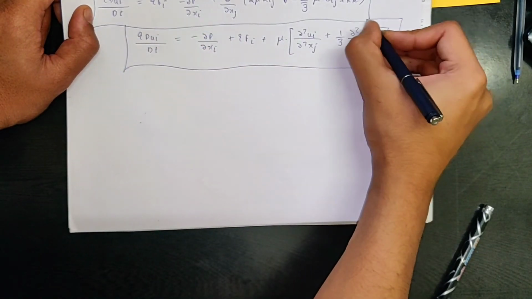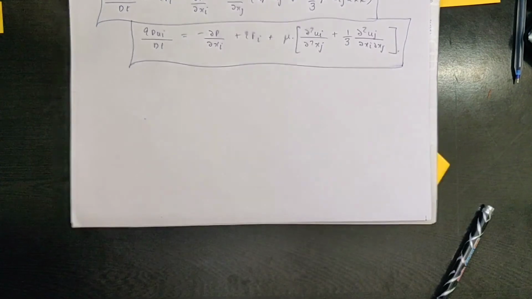Okay, so this is the final expression of the Navier Stokes equation if we consider mu as constant.